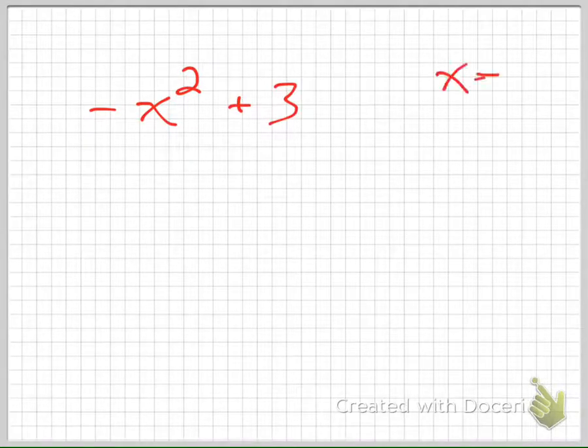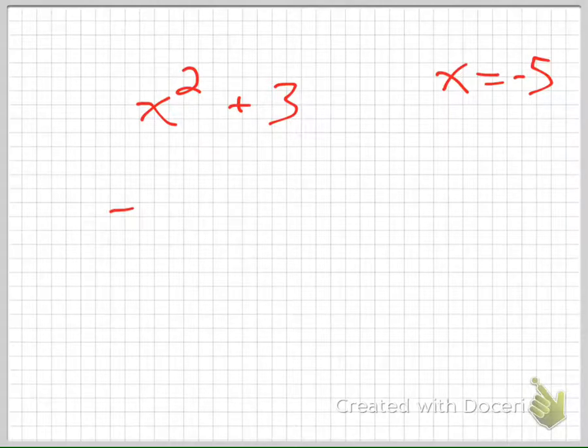So it's important. If I say, okay, here's negative x squared plus 3, and I tell you that x equals, we'll say, 5, and I don't put it in parentheses, you might be tempted to erase that and make this a negative 5.